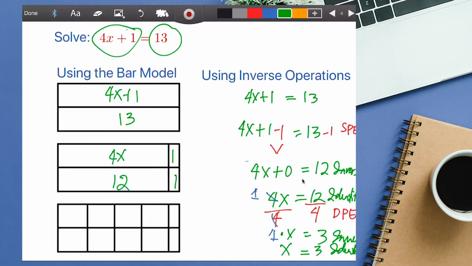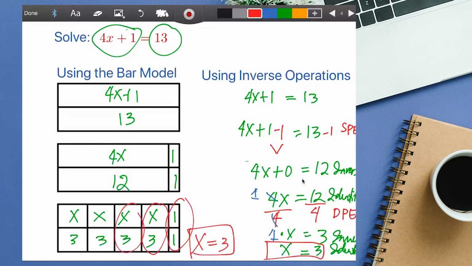Then further we can break down or decompose our 4x as x, x, x, and x. Then copy the 1, and we're going to decompose 12 into 3, 3, 3, and 3, and 1. So notice that these are equal. So x is equal to 3, x is equal to 3. So our solution here is x is equal to 3, same as what we arrived at using the inverse operations.